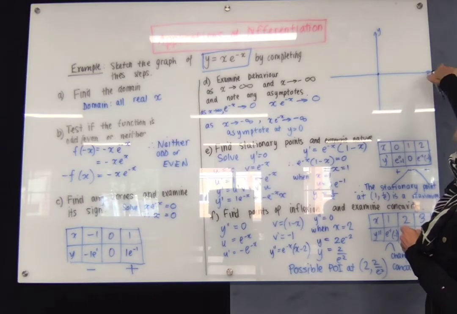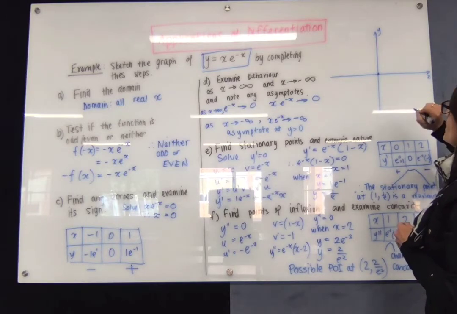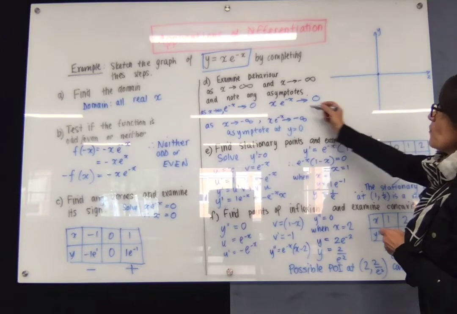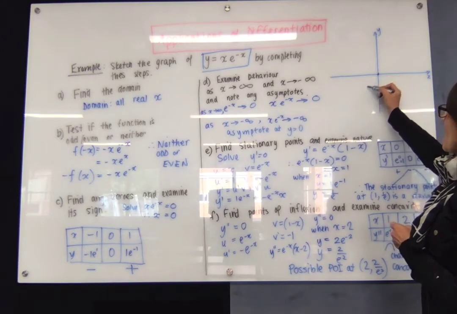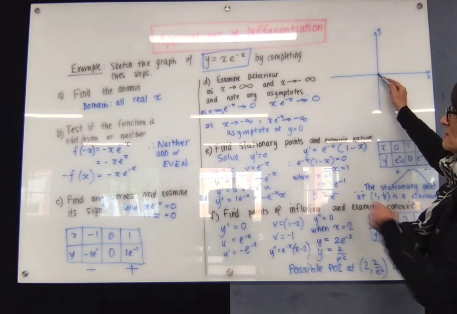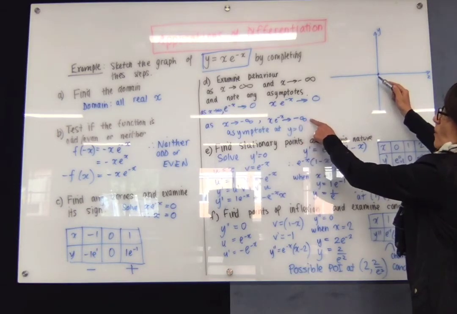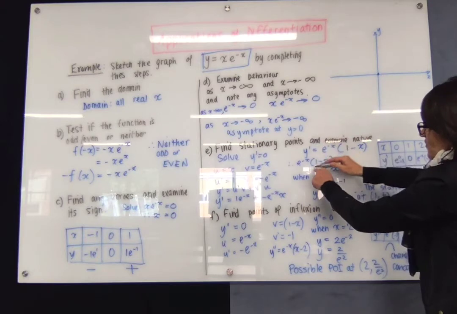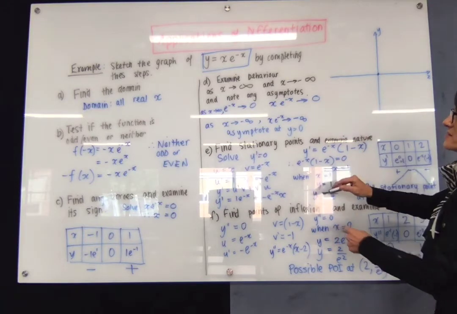In a positive infinite direction, we know that it's going to get closer to 0. And we know when x is negative, as these values for x go further into the negative direction, it's going to approach negative infinity. So it's going to come down here quite steeply.